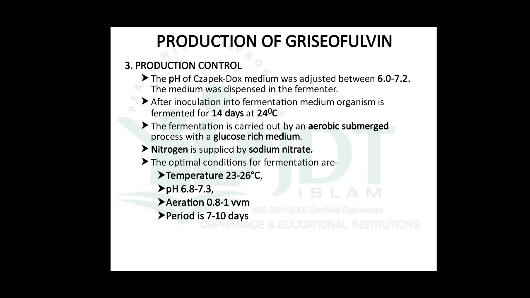The fermentation is carried out by an aerobic submerged process with glucose rich media, and nitrogen is supplied as sodium nitrate, at optimum conditions of temperature of 23 to 26 degrees Celsius, pH of 6.8 to 7.3, and aeration of 0.8 to 1 volume per volume per minute, for a period of 10 to 14 days. This is the production process for griseofulvin.